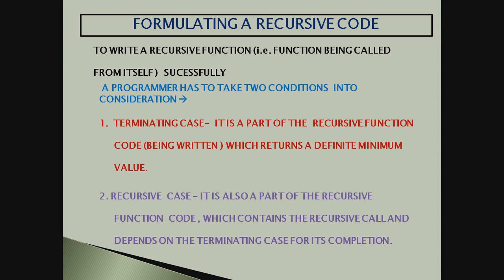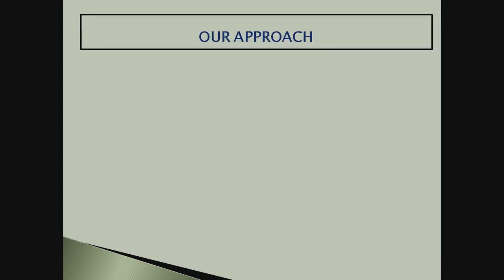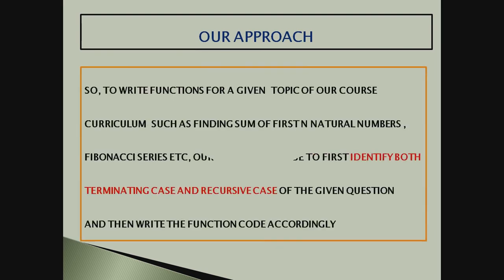So let us proceed further and understand that our approach would be to identify the terminating case and the recursive case for finding the factorial of n. So let us start.